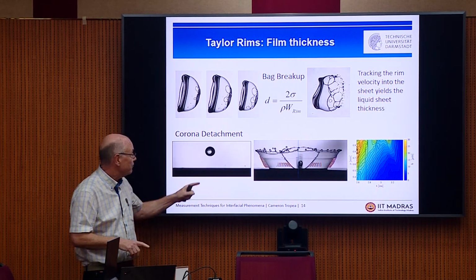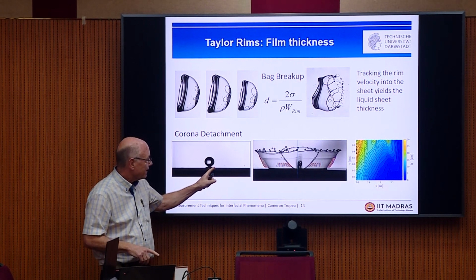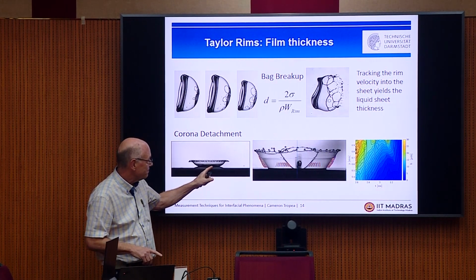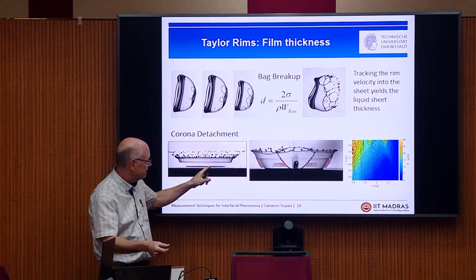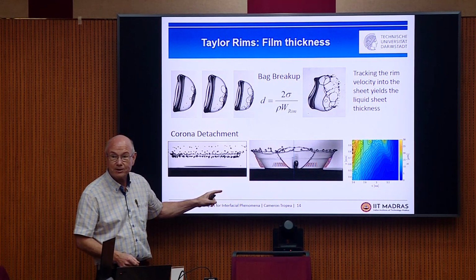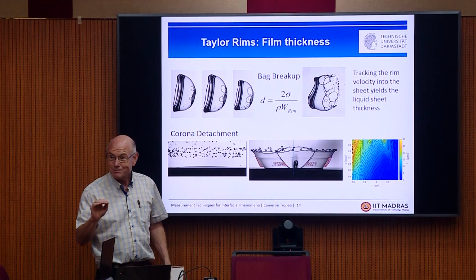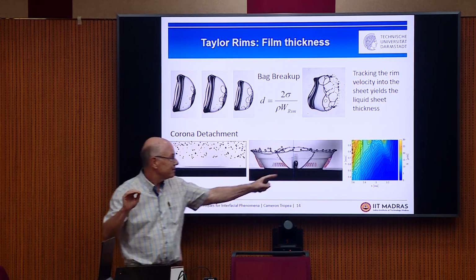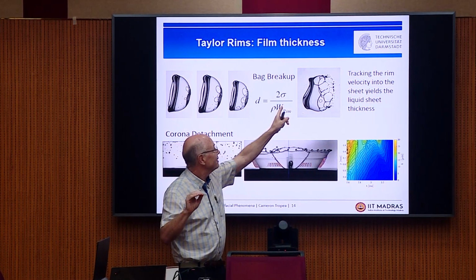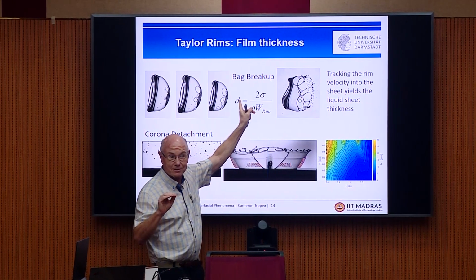Think about it. If we wanted to know the thickness of the film when it just breaks, there, what's the thickness of the film? All we have to do is measure the velocity of the rim into the sheet, and we know the thickness.